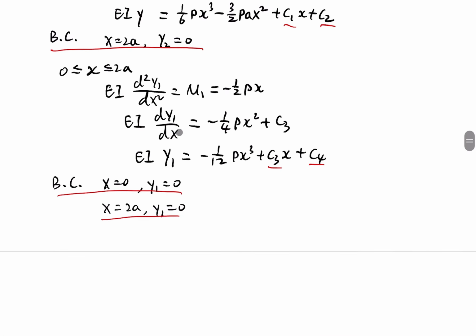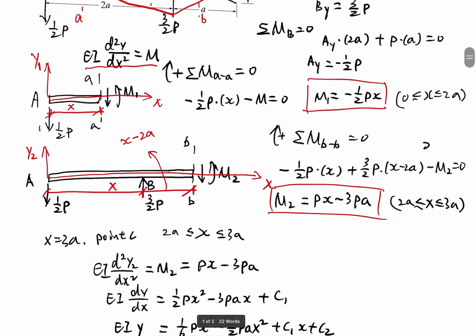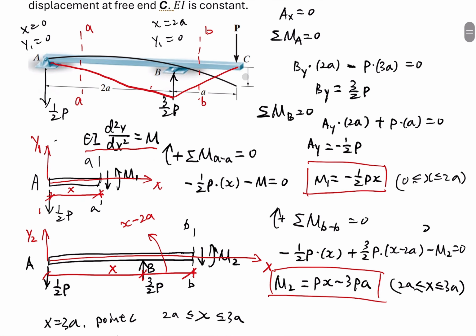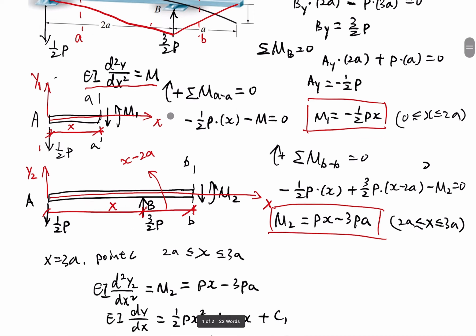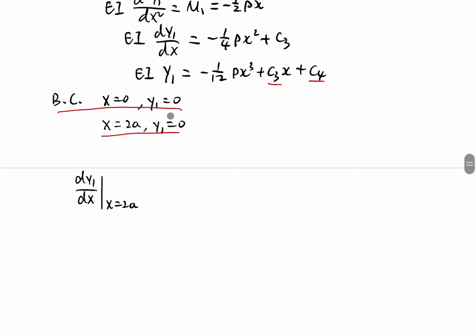One slope is from y1, so it is dy1/dx at x equals 2a. This is on the beam segment AB. On the beam segment BC, the other slope is dy2/dx at x equals 2a.